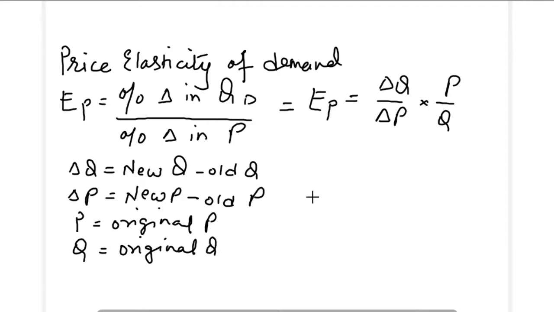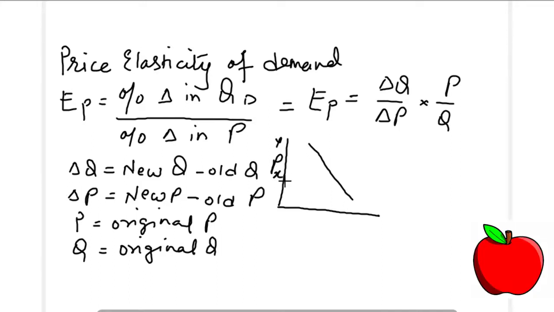Suppose we take up an imaginary example where we have a simple demand curve which is downward sloping. We have price on the y-axis of commodity X, let us say X is apples, and here we have quantity demanded of apples on the x-axis.